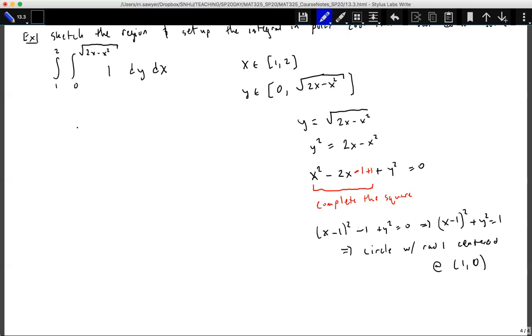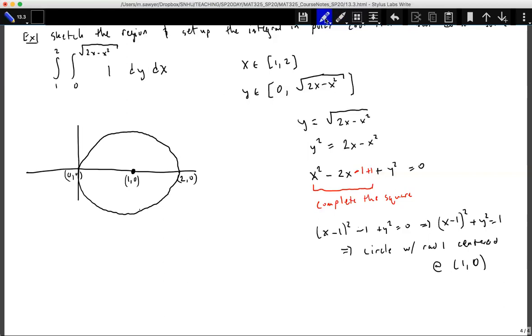So in the image that we have, we now know our circle has radius 1 and is centered at 1, 0. That means that we know its intersection points at 2, 0 and at 0, 0. So this is our nice circle.